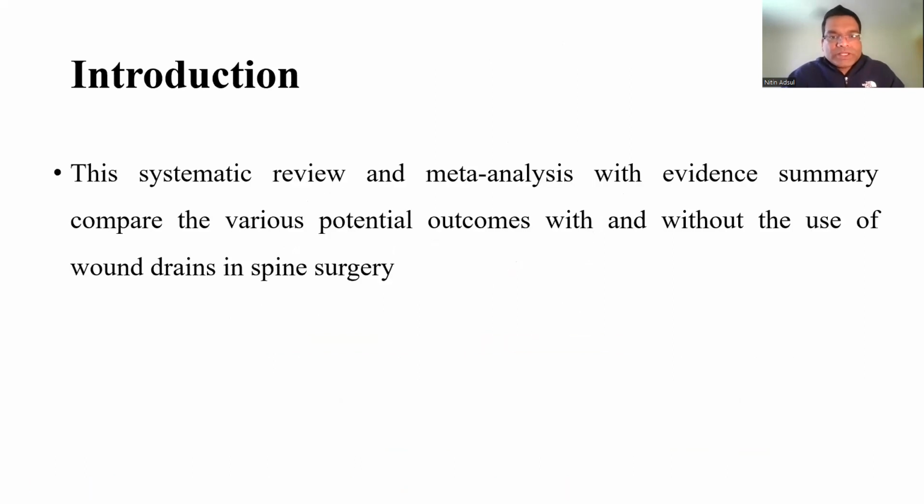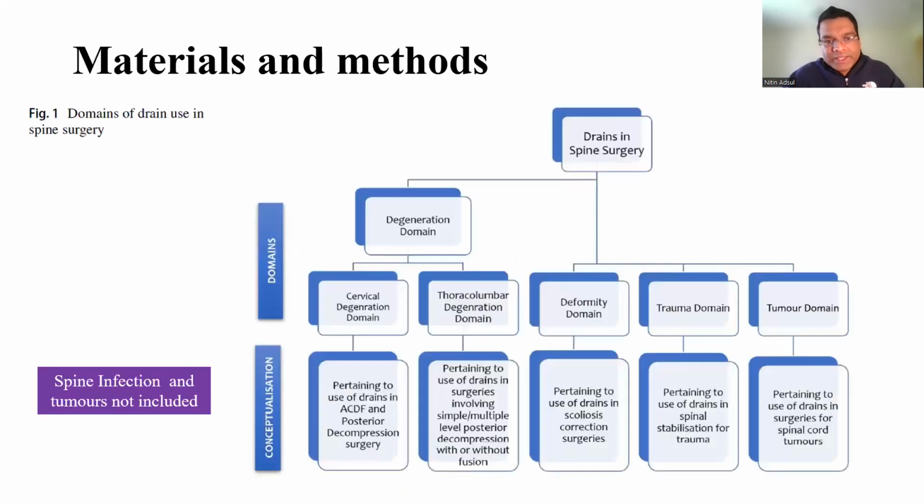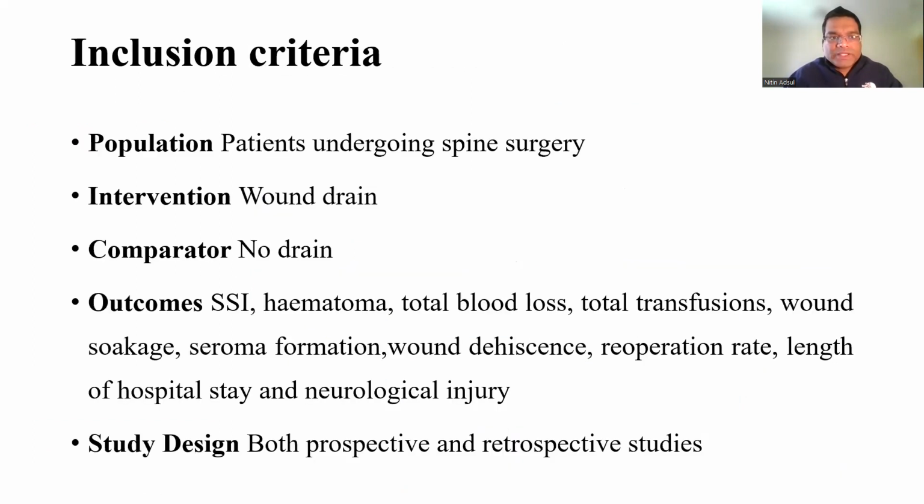In this systematic review and meta-analysis with evidence summary, we compare the various potential outcomes with and without the use of drain in spine surgery. They have divided the different spine surgeries into different aspects, except they have not included spine infection and bony tumors of the spine.